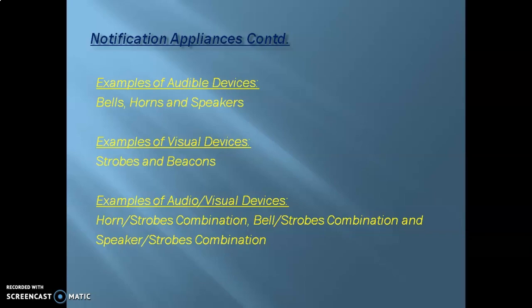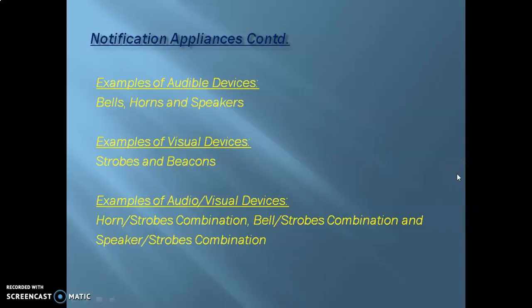Now, this is basically a combination of both audible and visual devices that will provide both audible signals as well as visual signals or aids to the occupants, notifying them about the existence of a fire alarm condition within the protected premises.